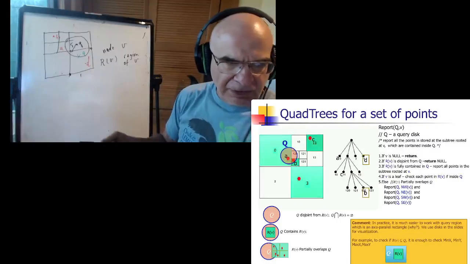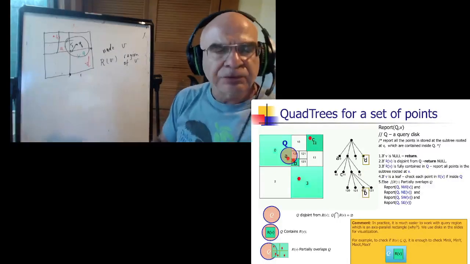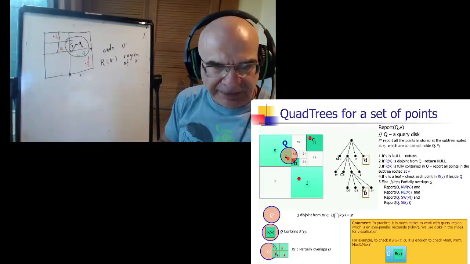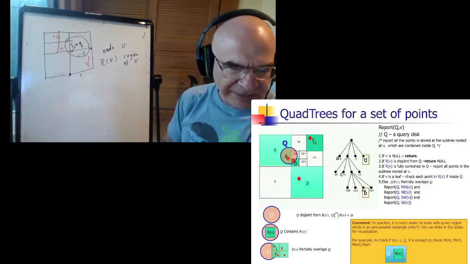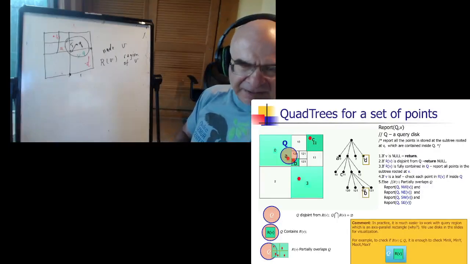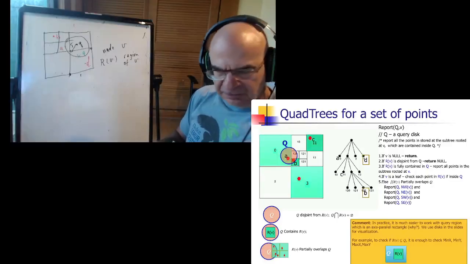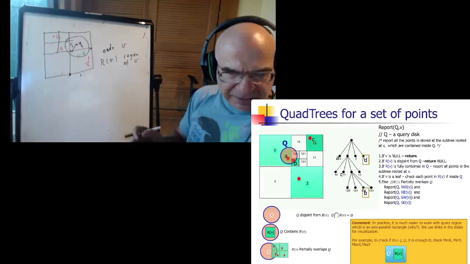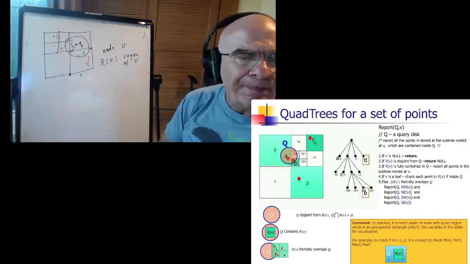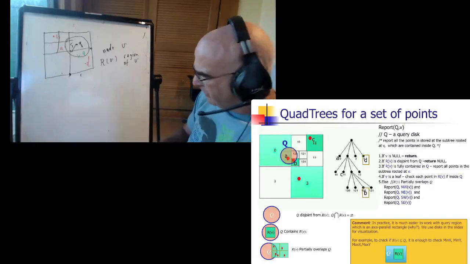As we said, the goal is to report all the points which are inside the query region, query disk or query rectangle. It's much easier to implement with a rectangle, but it's not hard to do it with a disk, and the principle is absolutely the same. So, what are we checking?